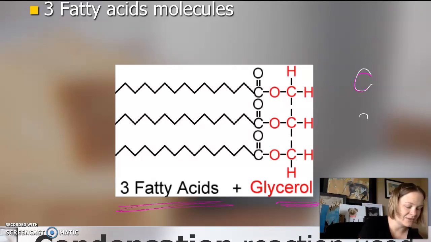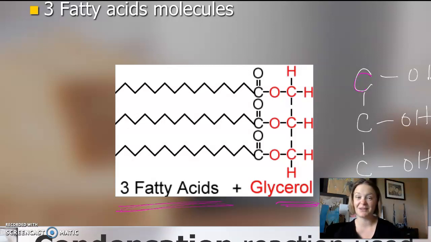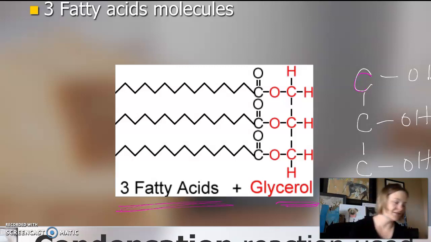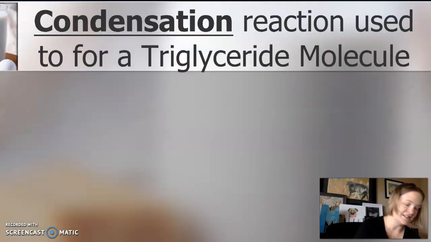Glycerol has 3 carbons in it, and they're attached together, and it has 3 alcohol groups. This reacts with an acid, a carboxylic acid, 3 times to make an actual fat molecule. So plants do this reaction, humans do this reaction, and we call it a condensation reaction.